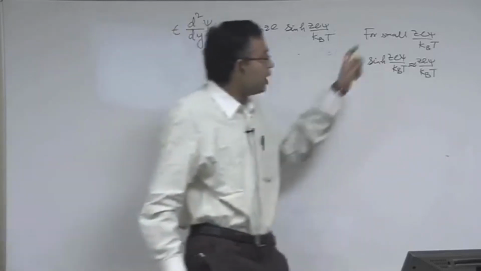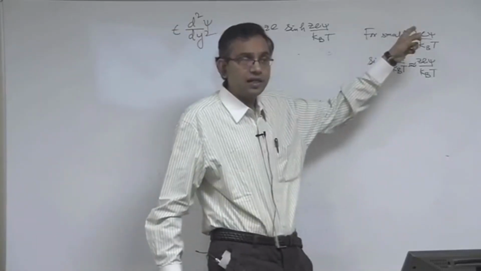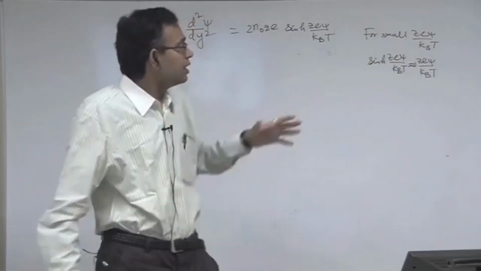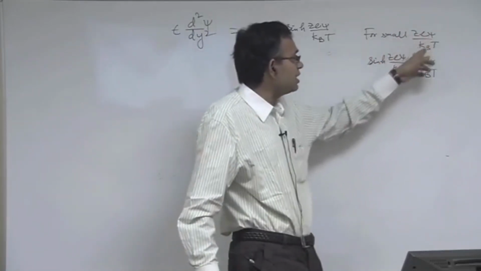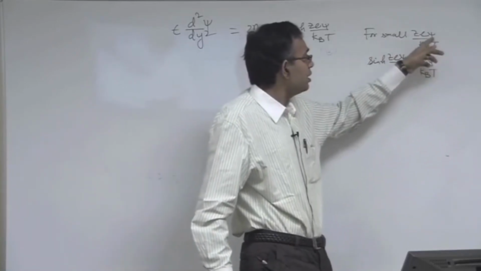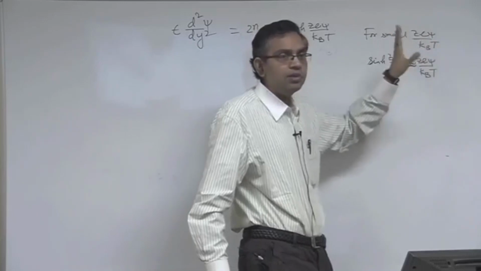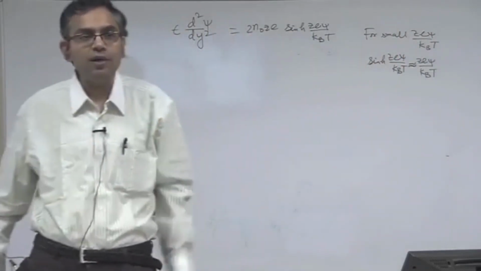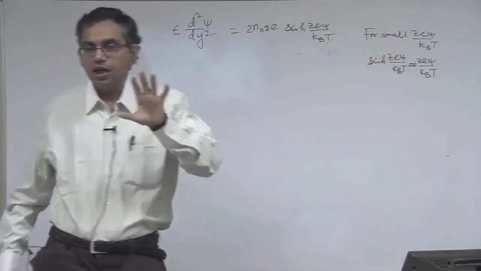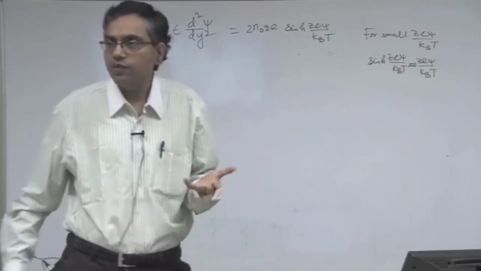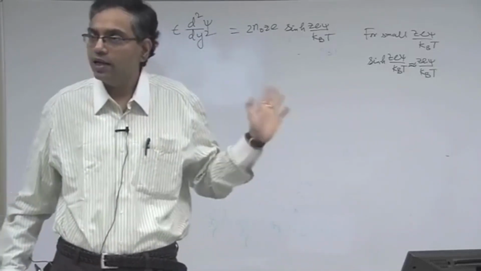The question is, what is the typical zeta corresponding to that? Because we have to relate that with our practical values. If z zeta by kbT is less than 0.1, then zeta will typically be less than or equal to 25 millivolt. So if your zeta potential in magnitude is less than 25 millivolt, typically you can apply this linearization.